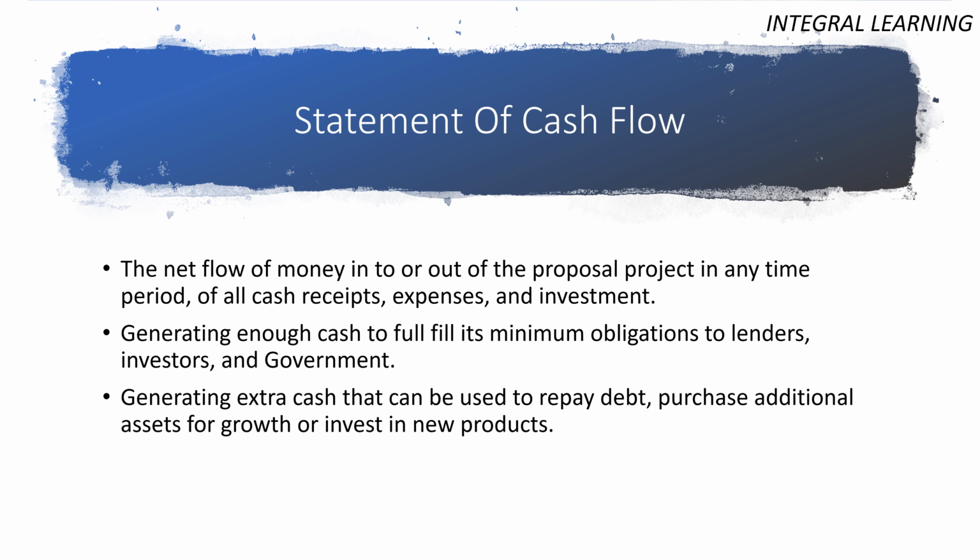Being able to read and understand a cash flow statement is important because it enables us to assess whether the company is generating enough cash to fulfill its minimum obligations to lenders, investors, and government, and generating extra cash that can be used to repay debt, purchase additional assets for growth, or invest in new products.